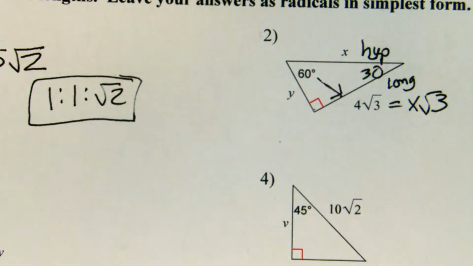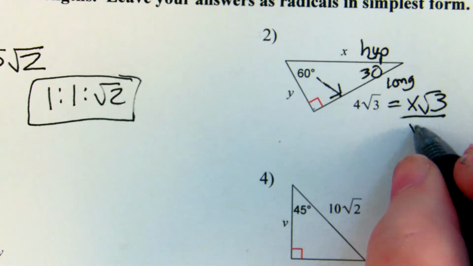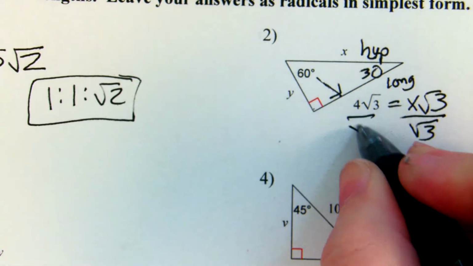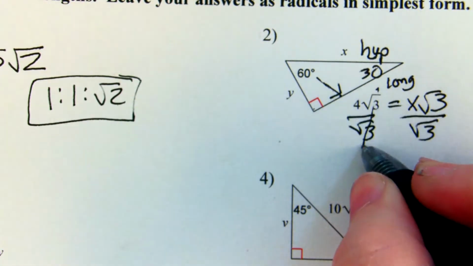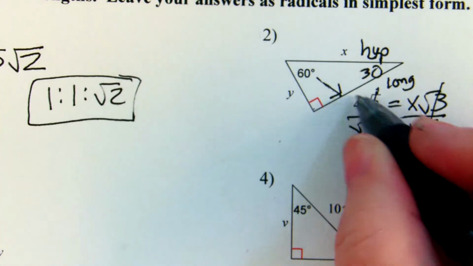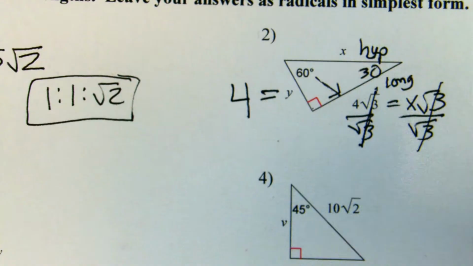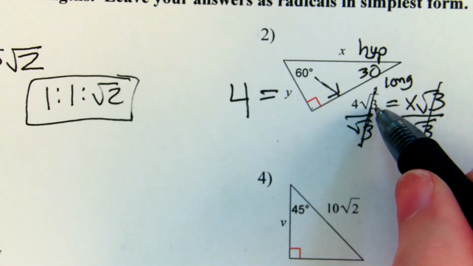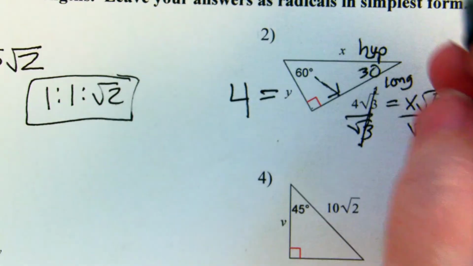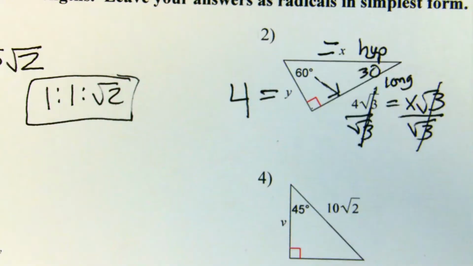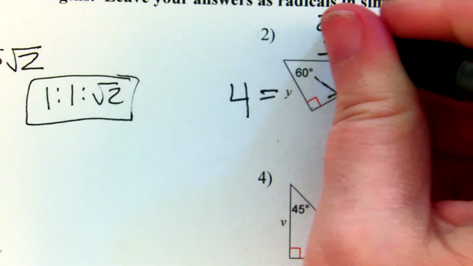And what do we have to do to find x? Divide by rad 3. And so what do we get? 4. So if there's a 4 rad 3, you divide by rad 3 and you get 4. And then what do you do for the hypotenuse? Hypotenuse is 2x.